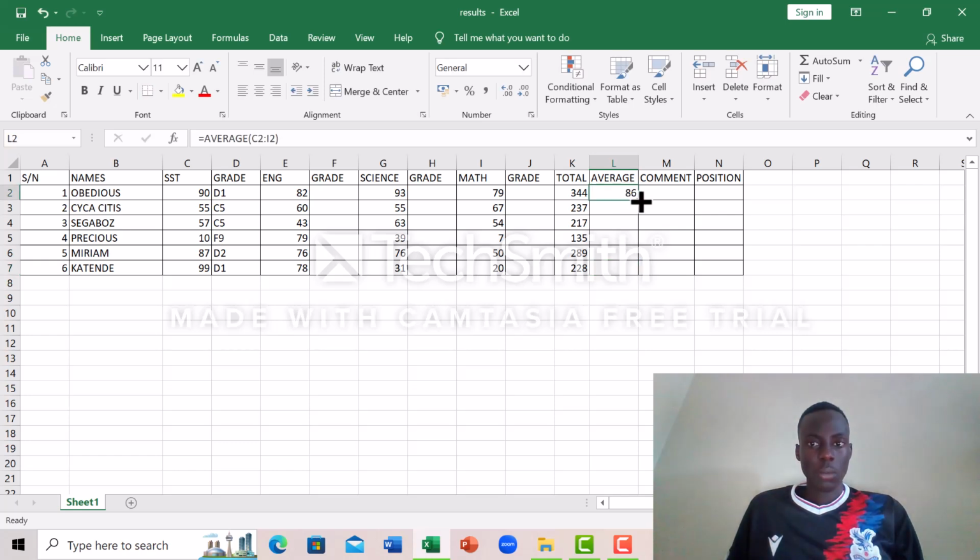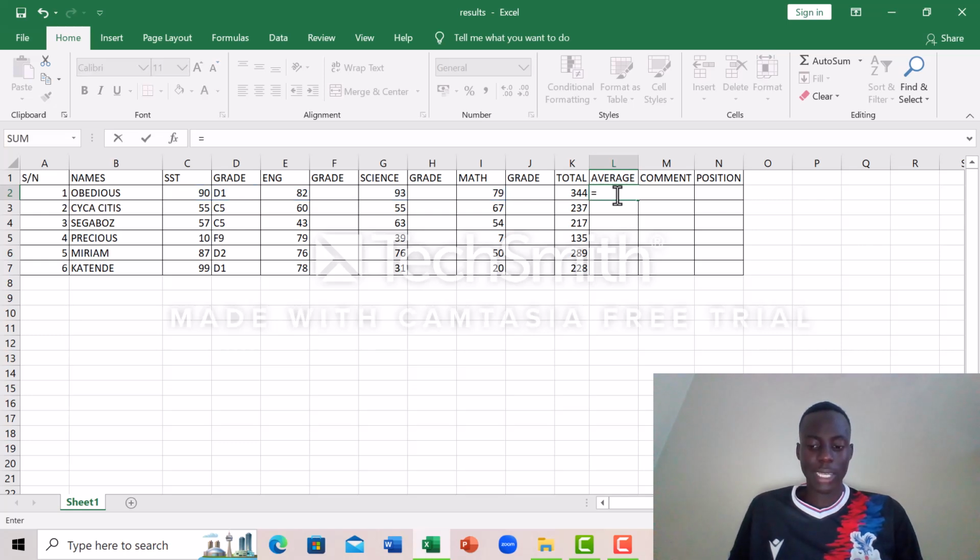Some people can say, we don't want to go through all that stress by using the cursor, let's just go the normal way, whereby you start with an equal sign, open brackets. You can say C2, those are our coordinates we shall always be using.